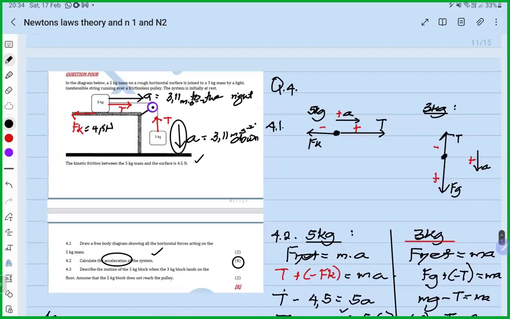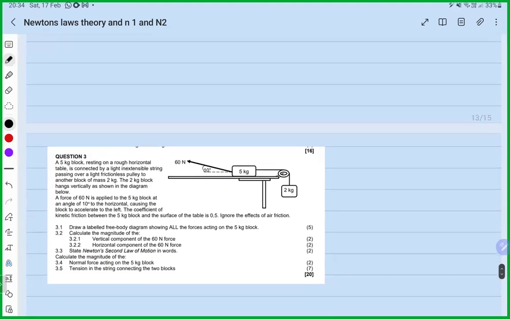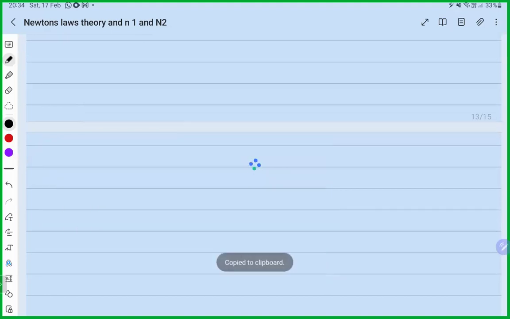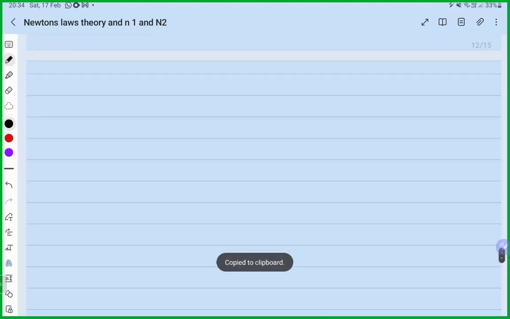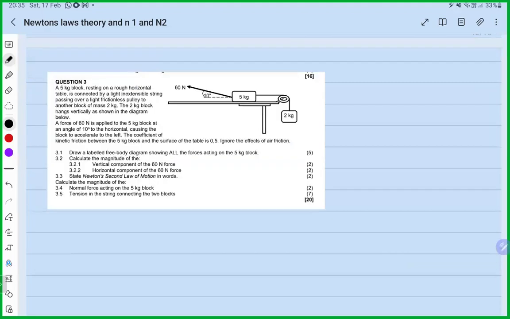Now that was a super easy question where you have a horizontal and a vertical mass. I want to take this one and put it up. All right, what makes this one more interesting than the previous one? You have an externally applied force going to the left. You're going to have your kinetic frictional force here.